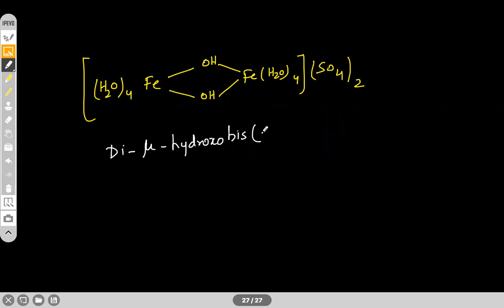The name of this is tetraaqua iron. Oxidation state of iron: you see, -1 here, -1 here, -2 into 2 is -4, so +4 here. +4 + 2 is +6, we'll divide this +6 equally on the two metals. That is 3.